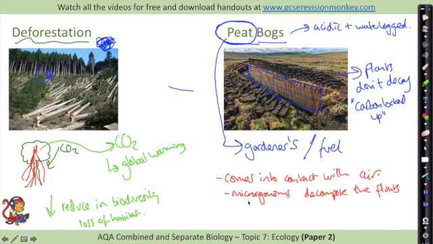And then whilst they are doing this, they are respiring and releasing carbon dioxide. Okay, so as soon as that comes into contact in the air, the decay process is initiated again, and that will then involve respiration, which is releasing CO2. Secondly, if we burn this fuel that we're using it for, again, we are releasing CO2.